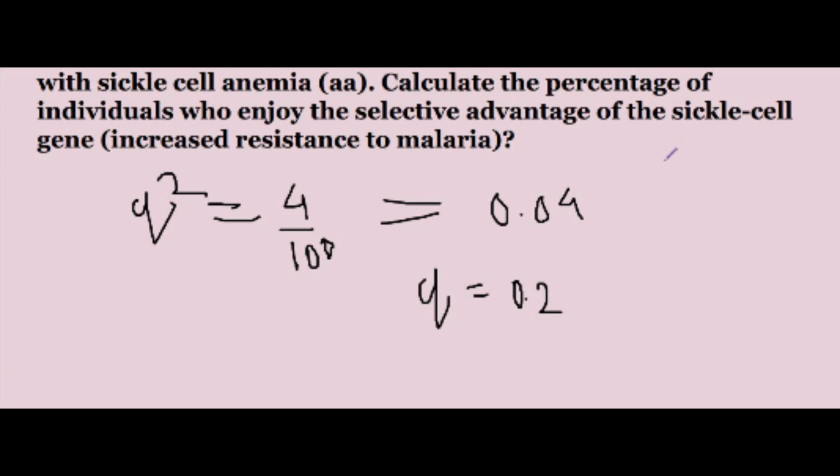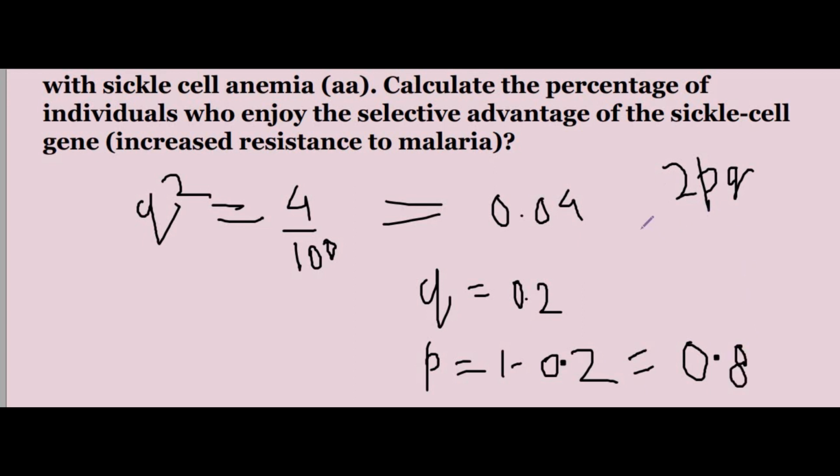But the people who have the alleles capital A and small a, which means they are heterozygous, will have the advantage that half of the alleles will produce the normal hemoglobin and half will produce the sickle cell hemoglobin, which means half of the hemoglobin will be sickle shaped. This half which is sickle shaped will be resistant to malaria, and in this way they will have the advantage that they are resistant to malaria and are also producing the normal hemoglobin.